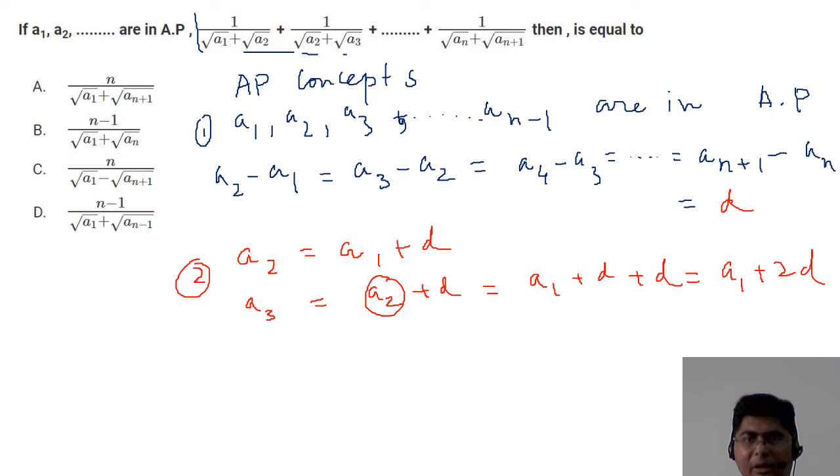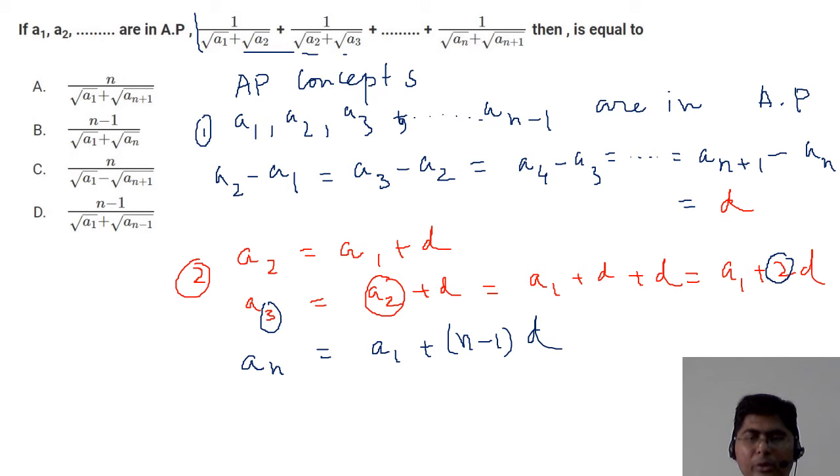Got it? Now look here. The third term, and what is written here? Just multiplied with the d, it's a 2. So here is the third term and here is 2, so that means 3 minus 1. So can we have a general formula: an is equal to a1 plus (n minus 1) into d? That is our general formula.